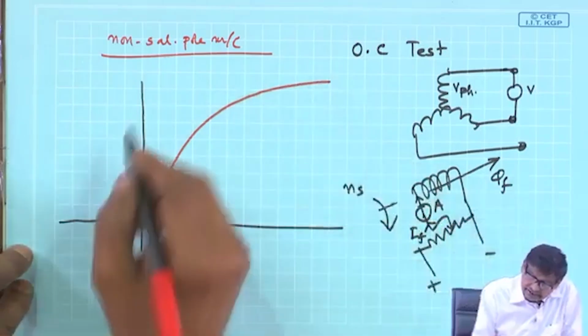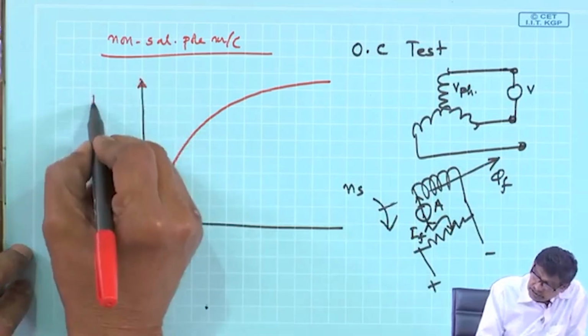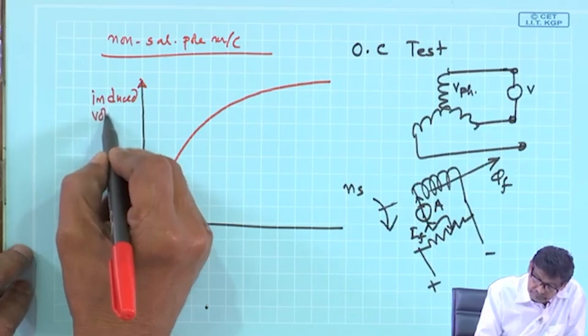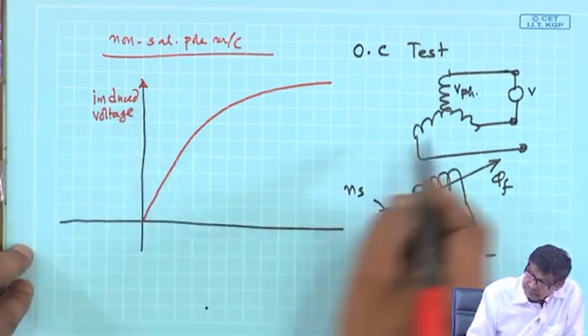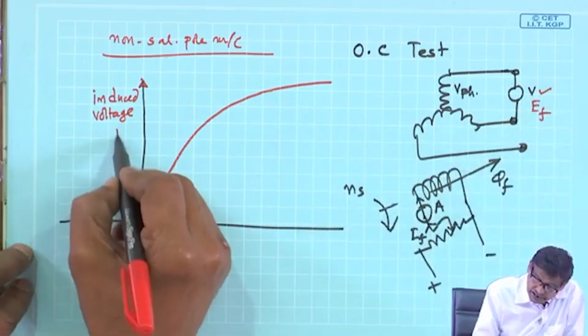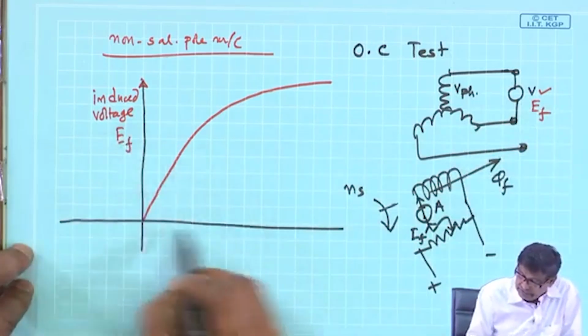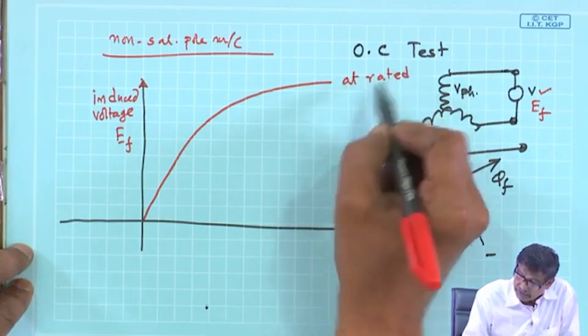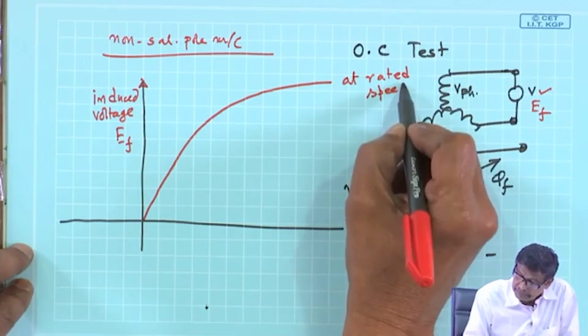What is this axis I am plotting? Induced voltage EF, which is recorded by this voltmeter.